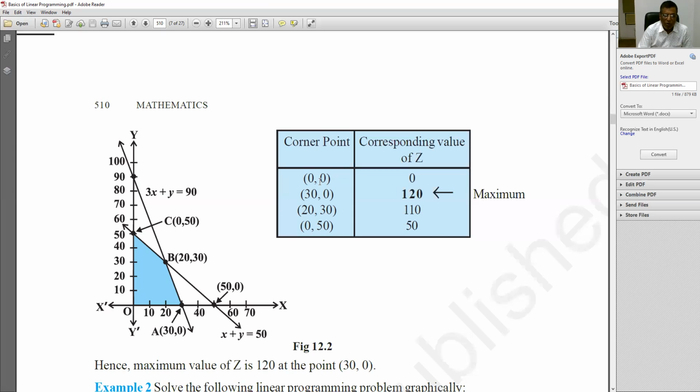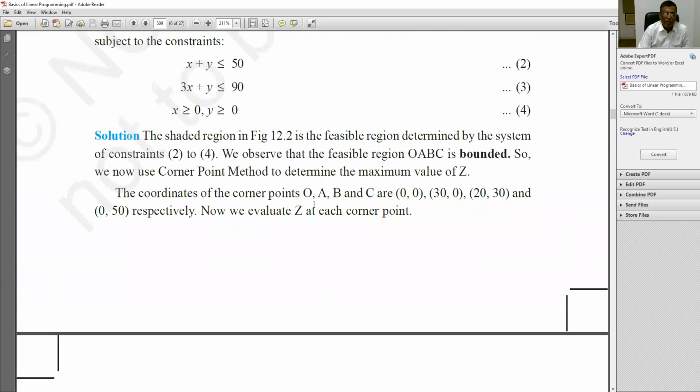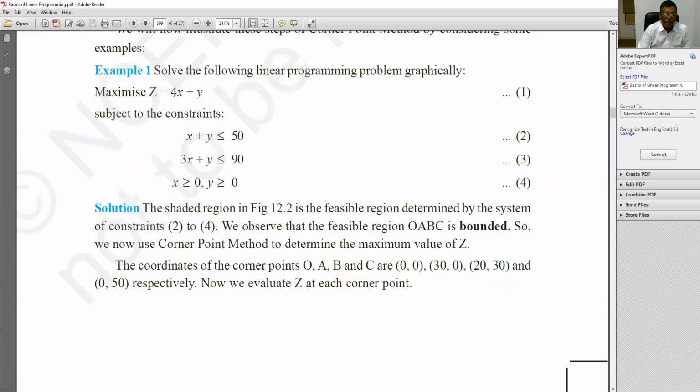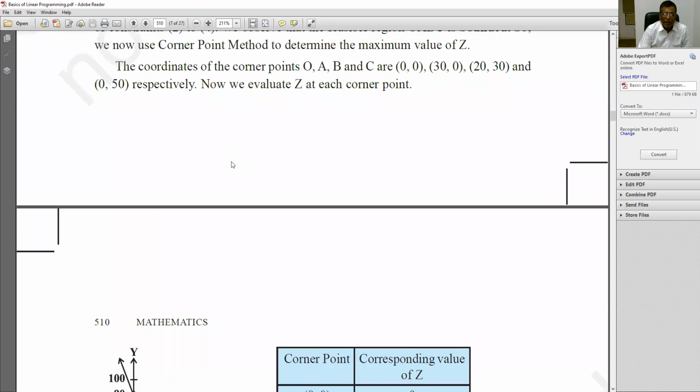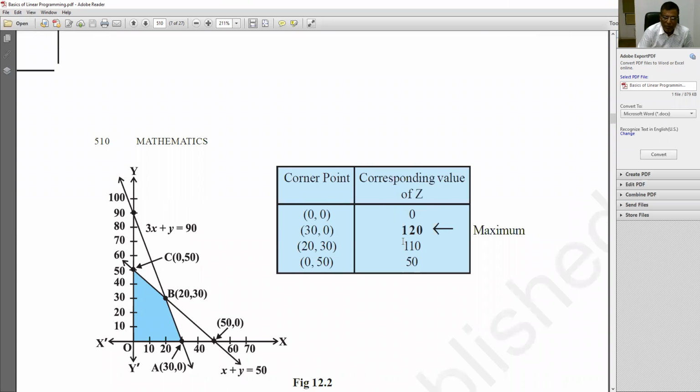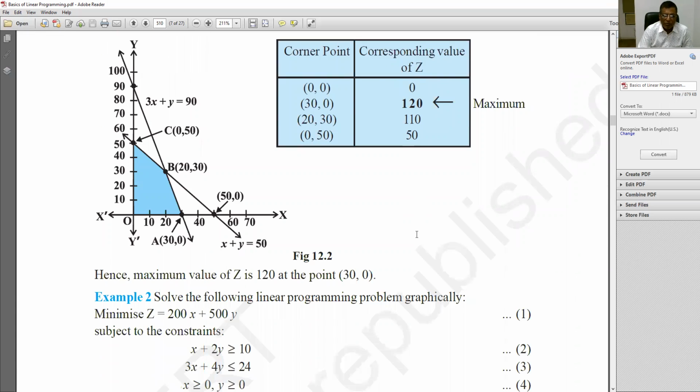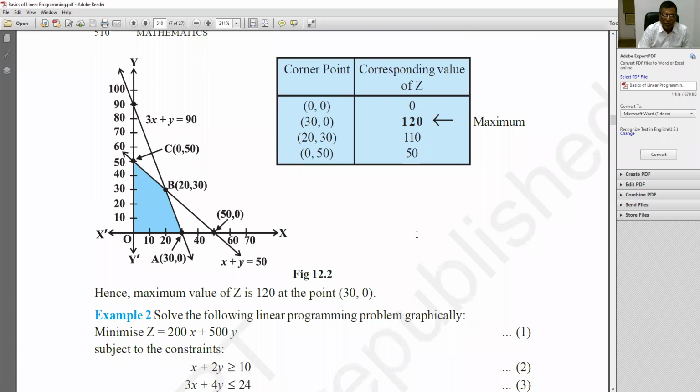So if you put all these values in this result, z is equal to 4x plus y, then the maximum value you are getting is 120. So your answer will be what? The maximum value of z is 120 at the point 30, 0. This is the point at which an organization or anyone can get maximum benefit, if you are talking in context to the business concept.